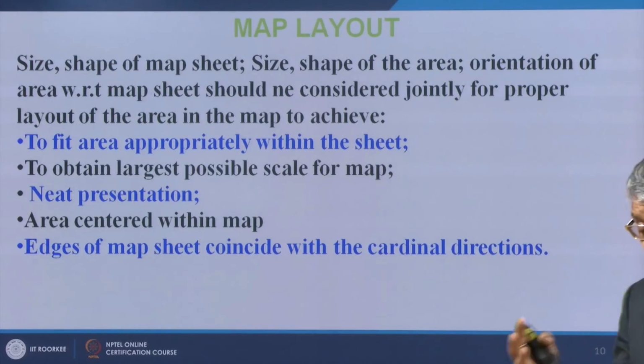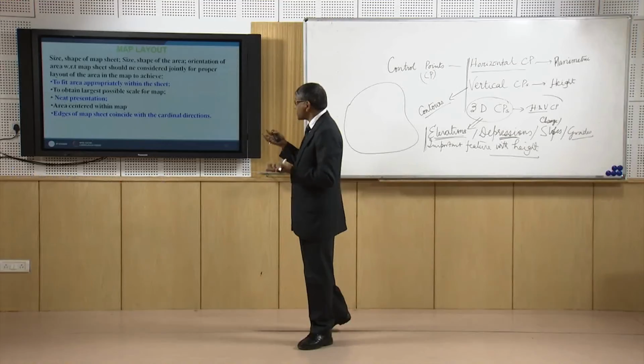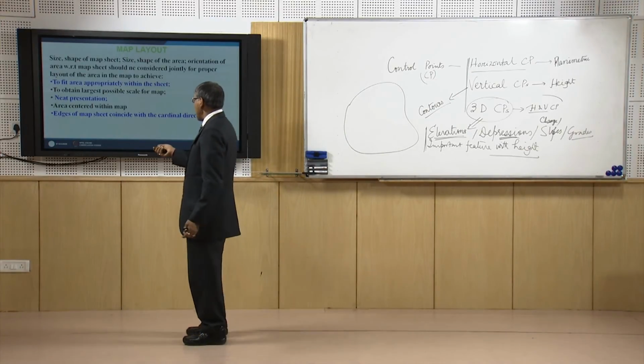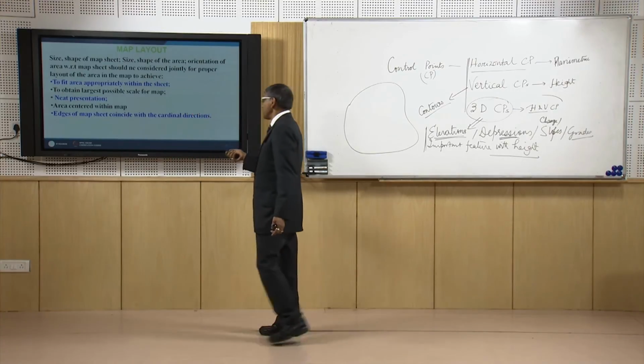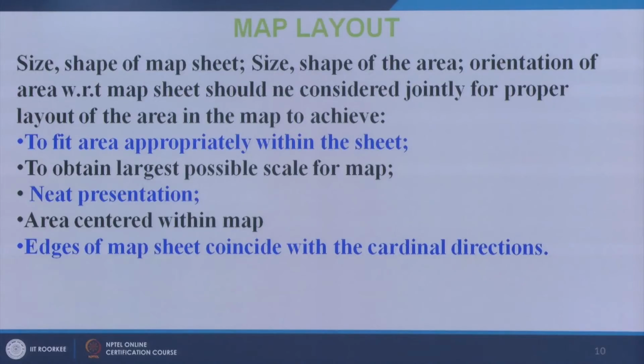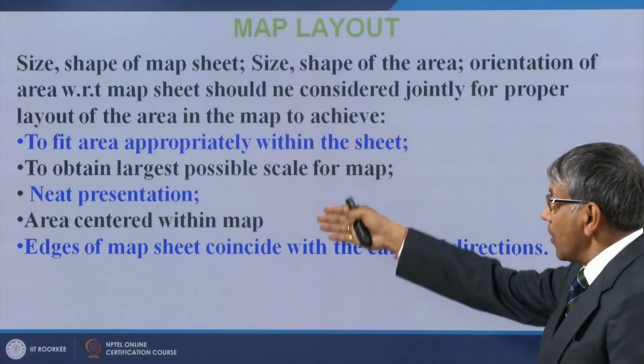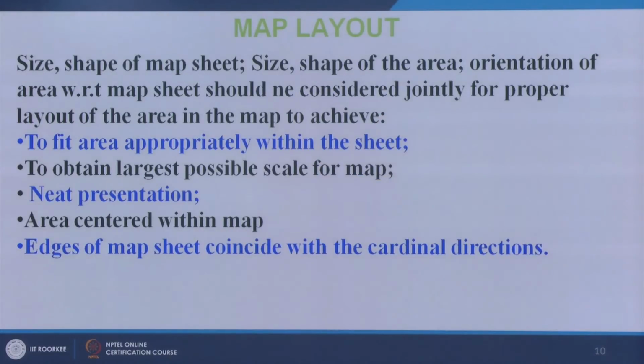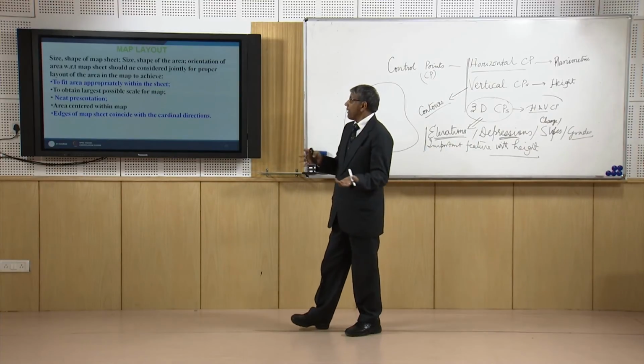The scale of the map should be as large as possible, the presentation should be neat, and the edges of the map should coincide with the cardinal directions. These are the criteria we should try to follow while laying the map out in the sheet.